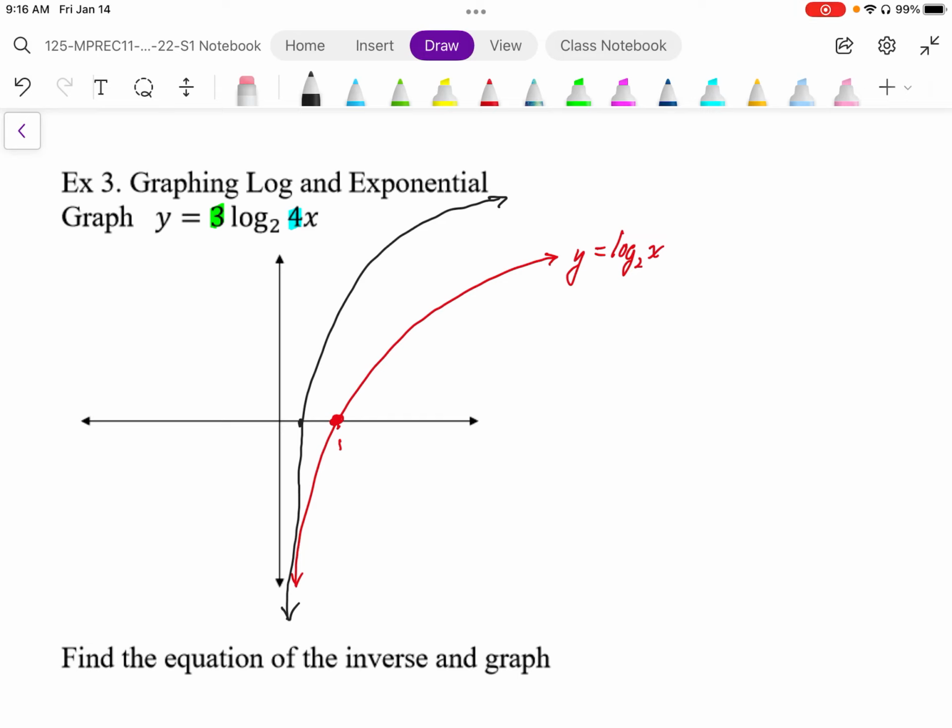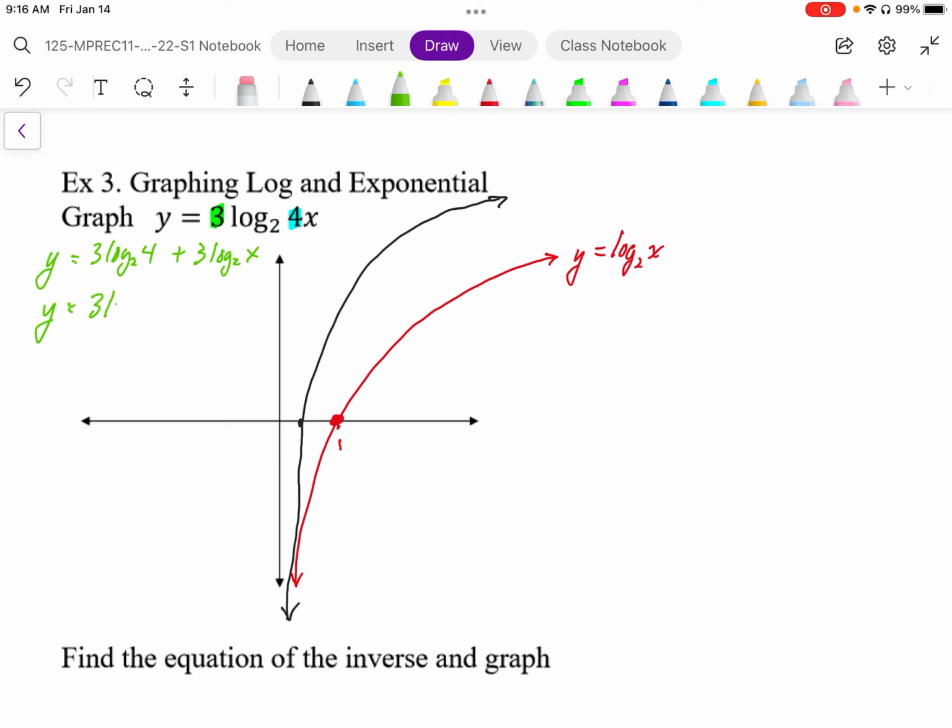So we could also take this graph and we can rewrite it like this. y equals 3 log base 2 of 4, well, log base 2 of 4 can be evaluated, plus 3 log base 2 of x. So we still have our vertical expansion of 3, but when we simplify this, log base 2 of 4 is 2, times 3 is 6.